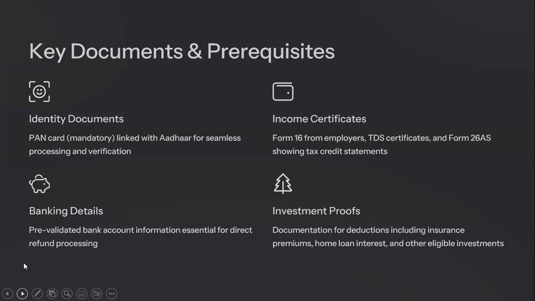A salaried person requires Form 16 from the employer and TDS certificates of tax deduction as per Form 26AS. Similarly, if any tax exemption is claimed, the person needs to have the evidence or proofs to display while calculating tax liability.